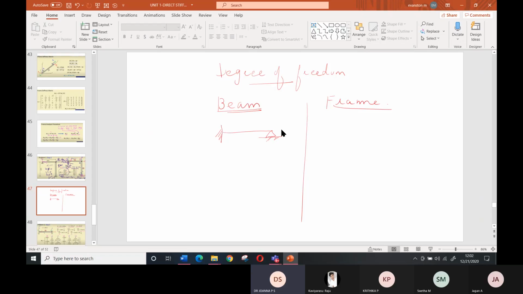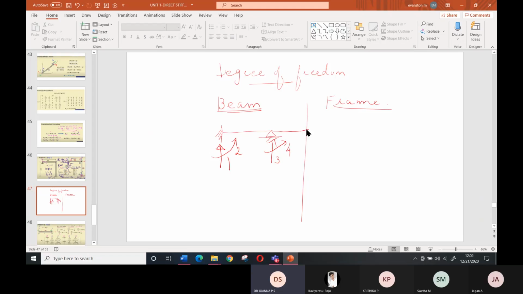It is very difficult to compress this beam element. Truly speaking, some amount of compression will be there, but it is very negligible. Maybe 0.001 centimeter. So that's why we are neglecting it. If you want, you can add it also. Nothing wrong, but it is a very negligible quantity. That's why we take this one vertical as 1 and this rotation as 2. Here it is 3. This is 4.